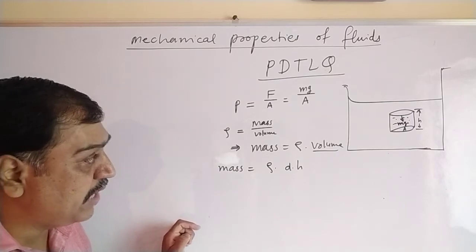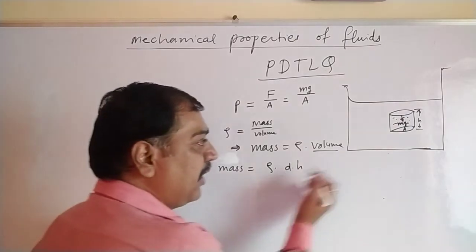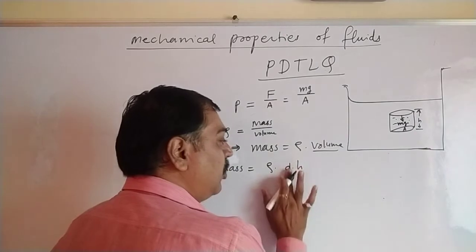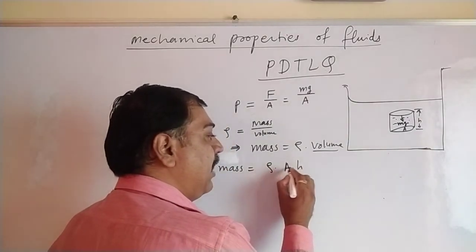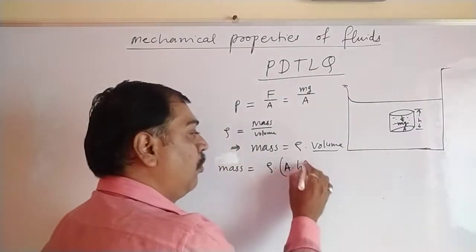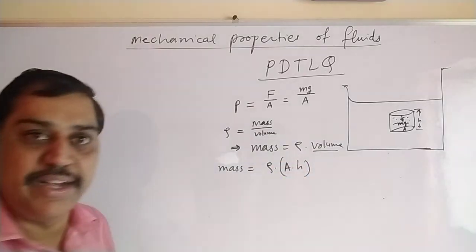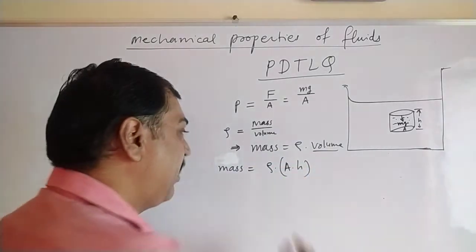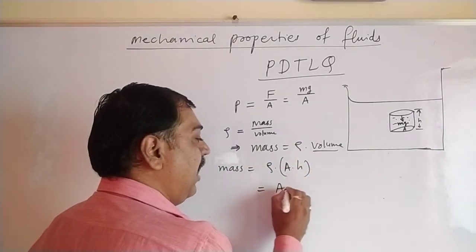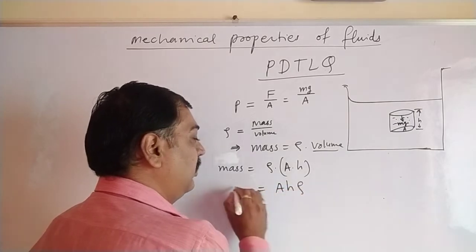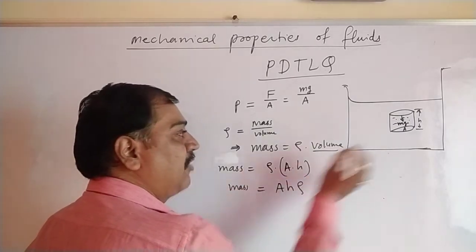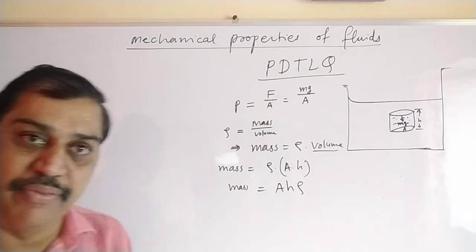Something is wrong. How can we take d? It is area into height, you should take A. Area into height is the volume. So rho as it is, volume is A into H. The same thing can be written as A H into rho. That is the mass of the fluid in the cylinder that we have found.